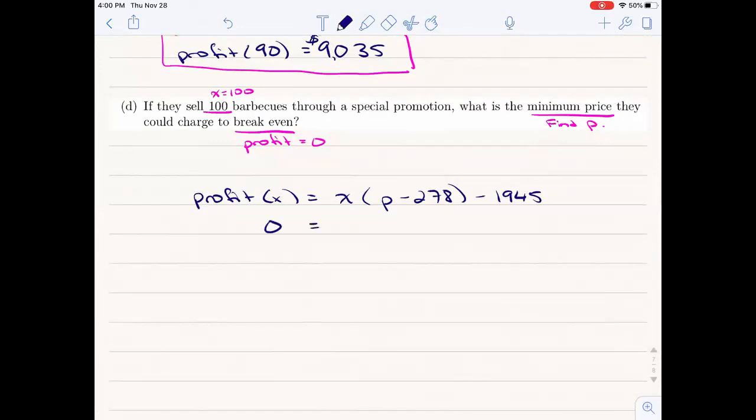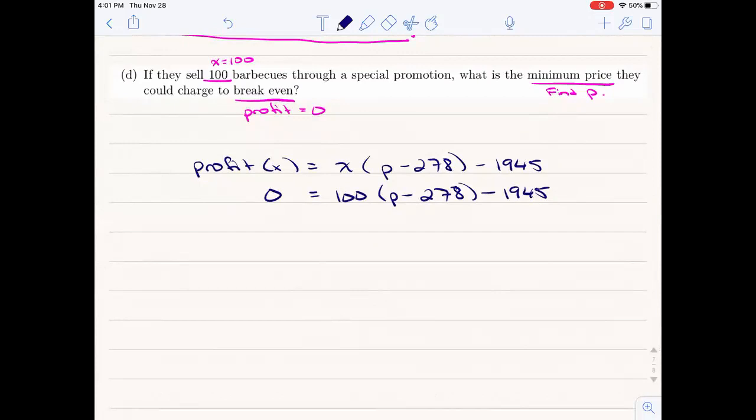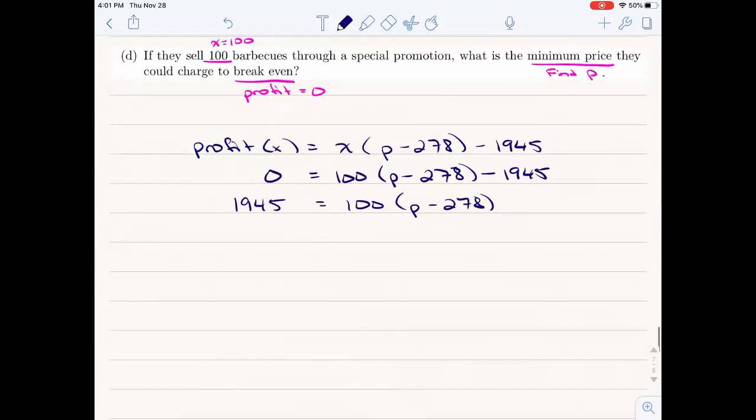Forcing the profit to be 0 and X to be 100, I can solve for P. Add 1945 to both sides. 100 times P minus 278. 1945 divided by 100, I get 19.45 is P minus 278.